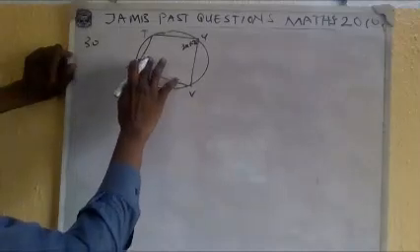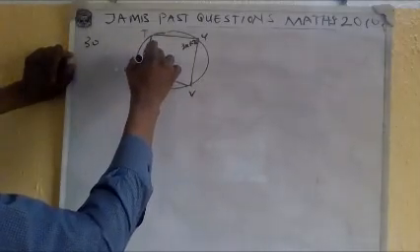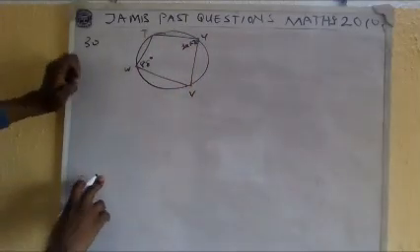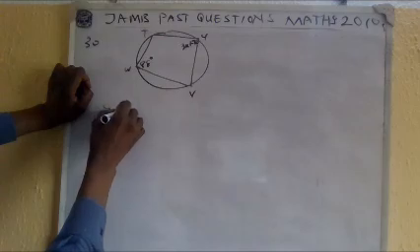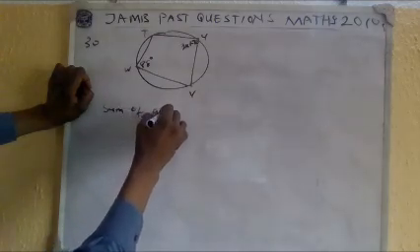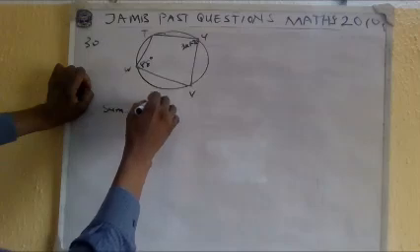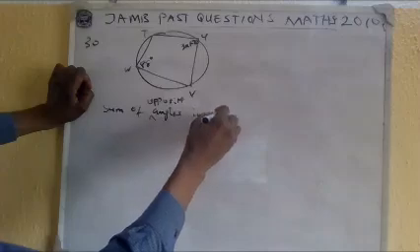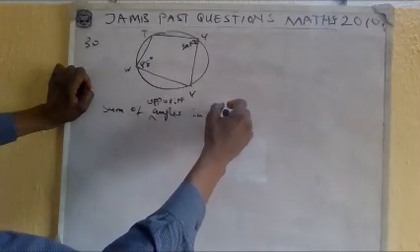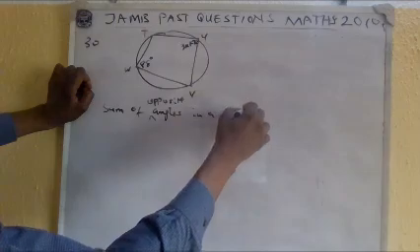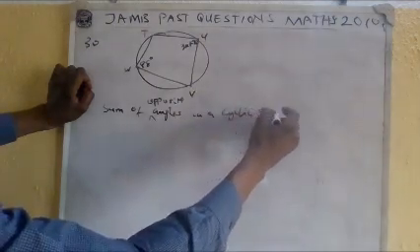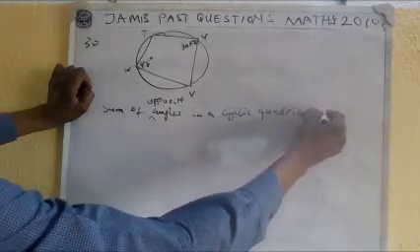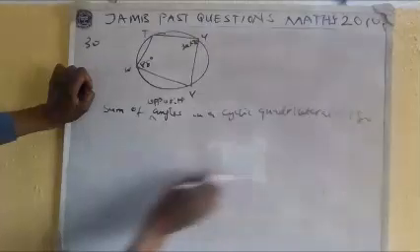So let me make it clear. This is 88 degrees and this is 3x plus 20 degrees. Now, the sum of opposite angles in a cyclic quadrilateral is 180.